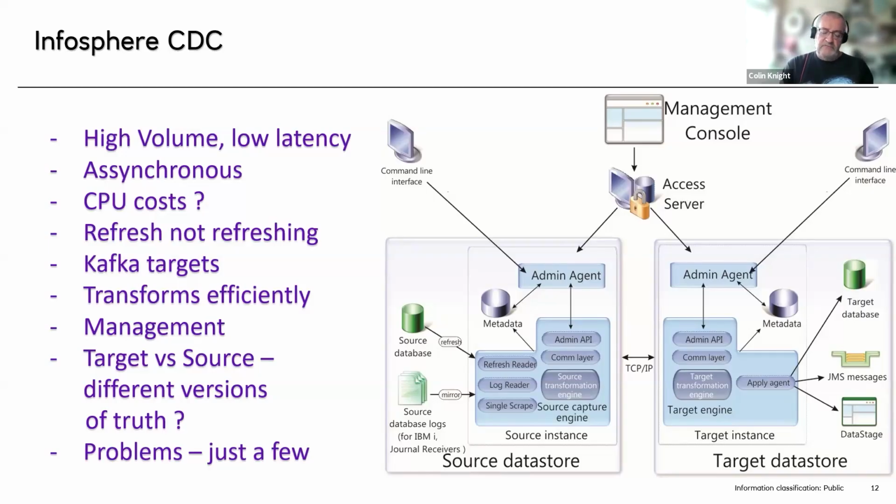One area that's a real problem that we've had in NatWest for a while is looking at how we refresh targets. That's a key area. So typically, for example, in DB2 we've got a reorg with a discard.